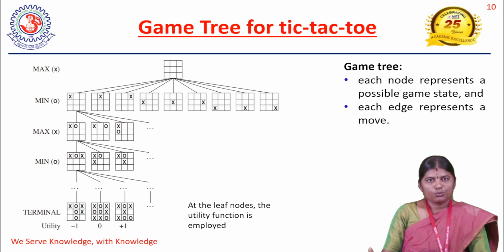Then in S1, the min player has 8 states, so 9 into 8 nodes. Then for S2, 9 into 8 into 7 nodes are possible. So successively it goes on, and the number of nodes in this game tree is 9 factorial.